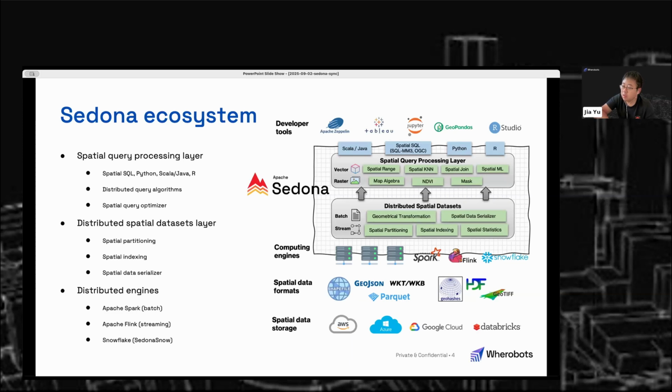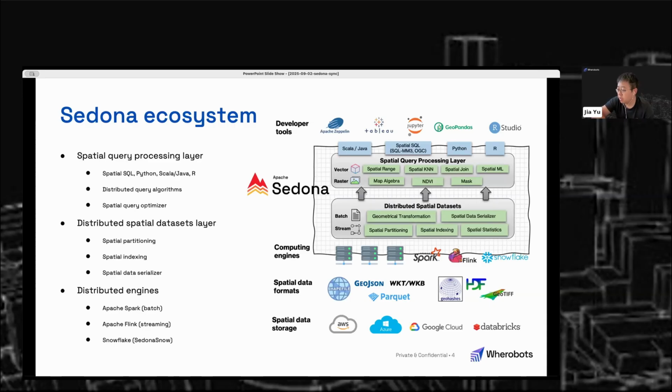The second layer is the distributed spatial dataset layer. This layer has lots of cool technologies that manage how the data is organized in a cluster. That includes spatial data partitioning, spatial indexing, and spatial data serializer. This layer also works with batch data processing as well as stream data processing.